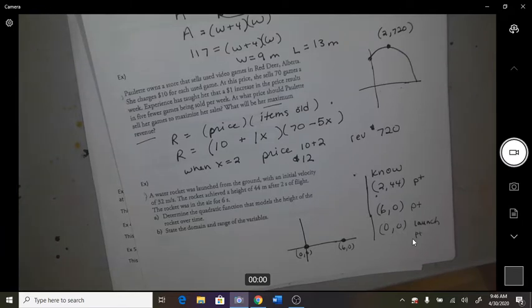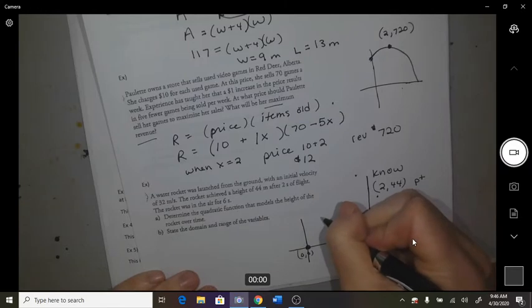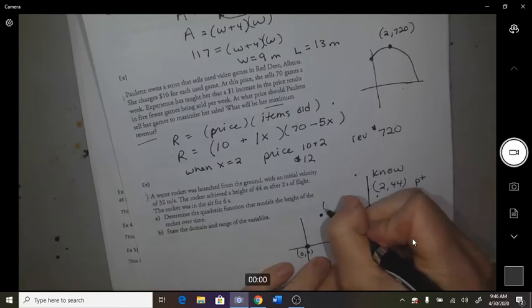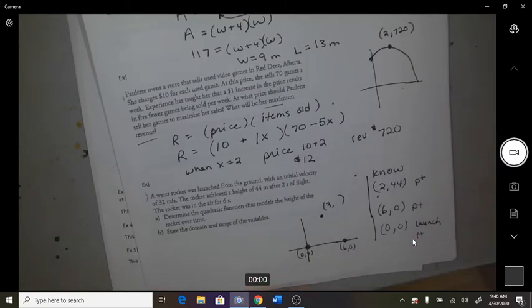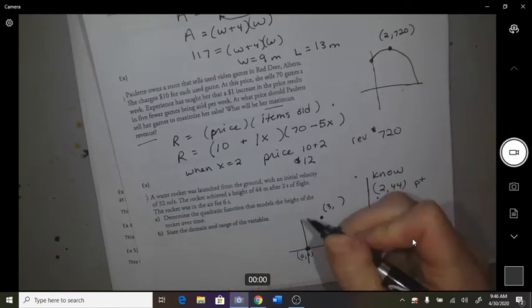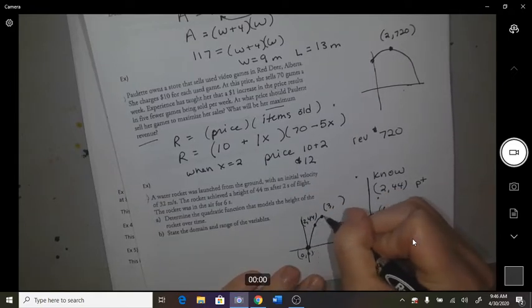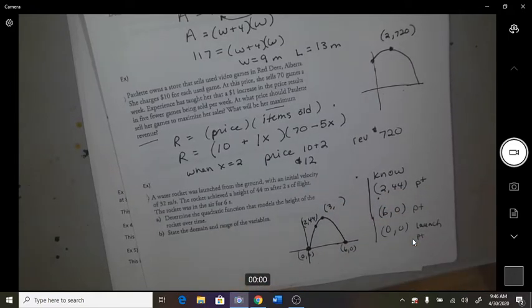So we could play around with our factored form. Okay, I also know that my vertex is going to be halfway. I know that. And then I know that this point is 2, 44. Okay, so that's the things I know.